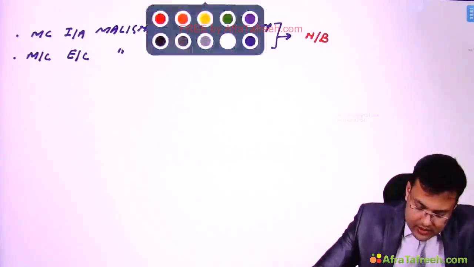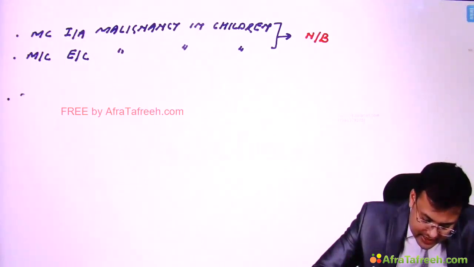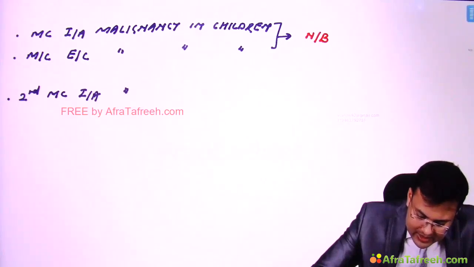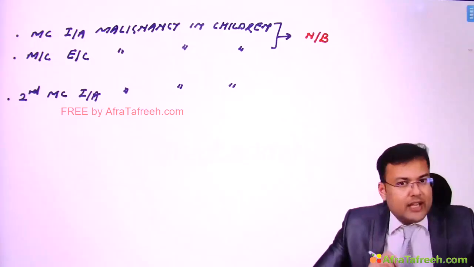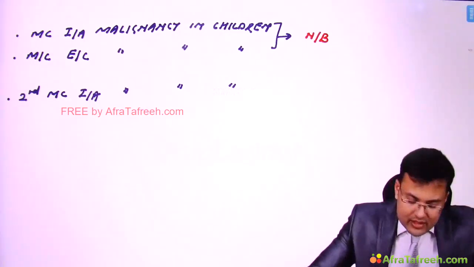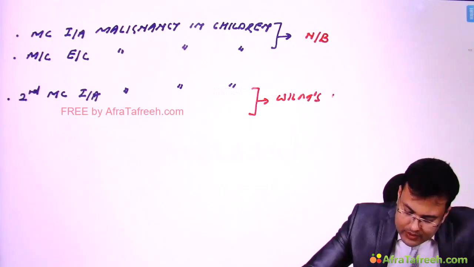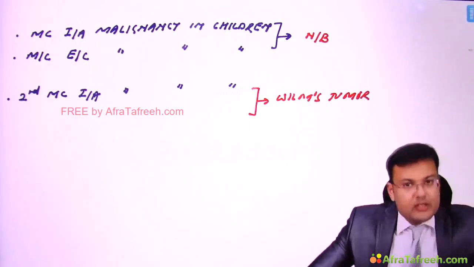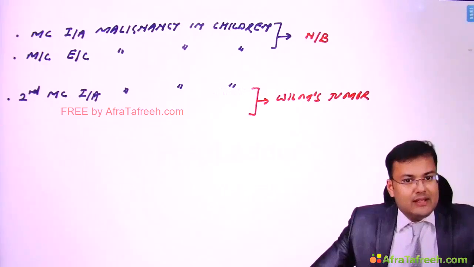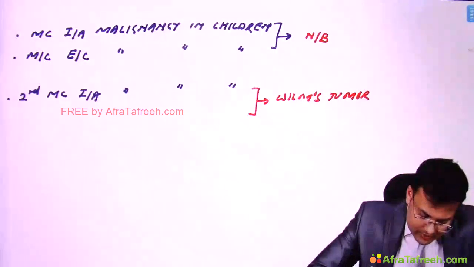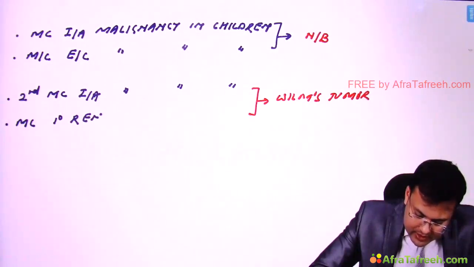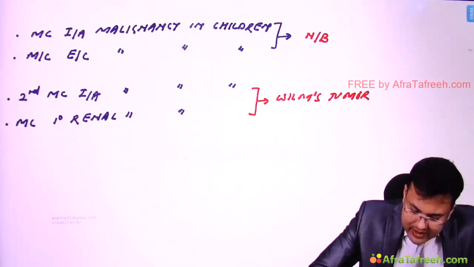Now see the change. What is the second most common intra-abdominal malignancy in children? The second most common intra-abdominal malignancy in children is Wilms tumor. And you know, Wilms tumor is the most common primary renal malignancy in children.